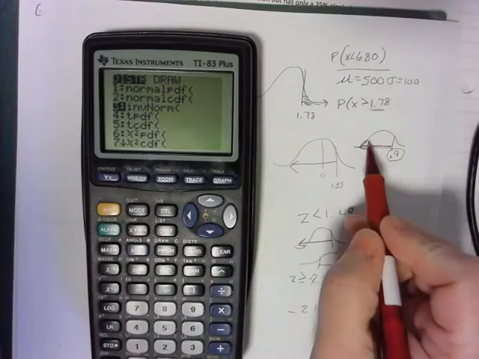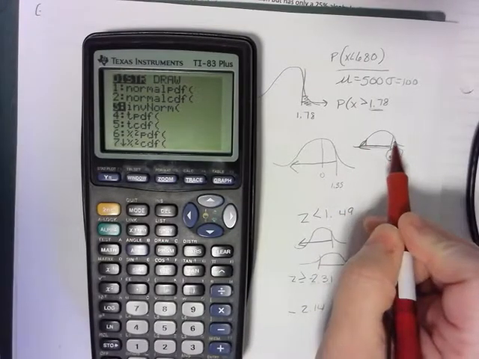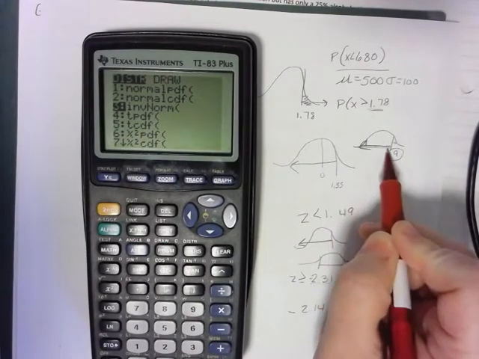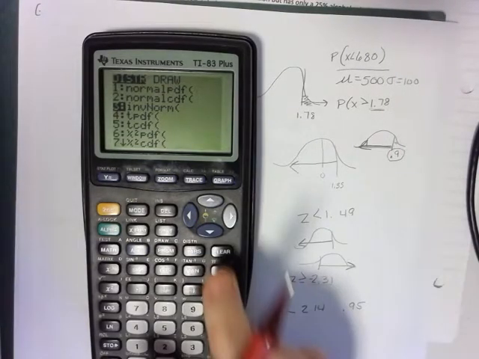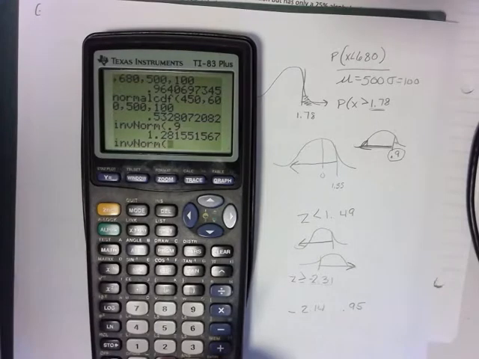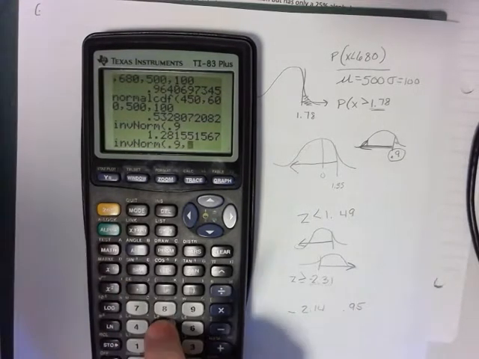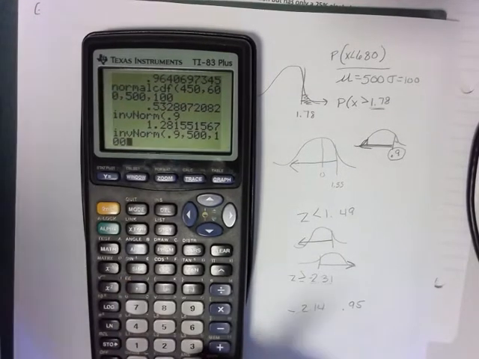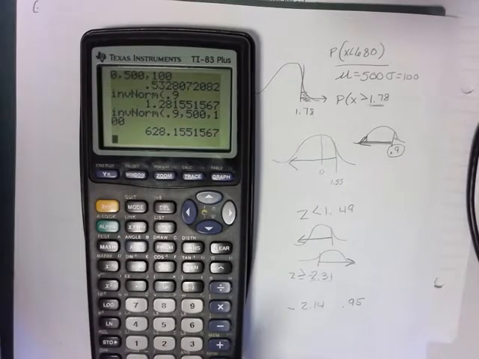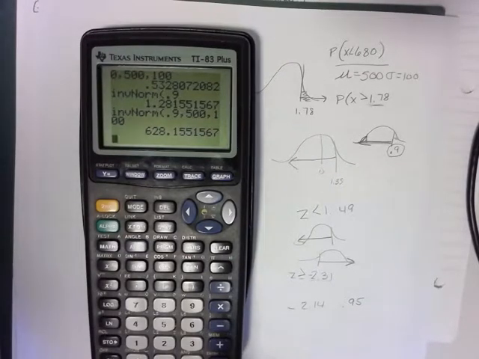I want the top 10%, so I have to say I want 90% below it. So I'm going to hit my inverse norm, 0.9. Since I'm not looking for a z-score, I have to type in my mean, comma, my standard deviation, and then hit enter. And a SAT score of 628 would be the top 10%.